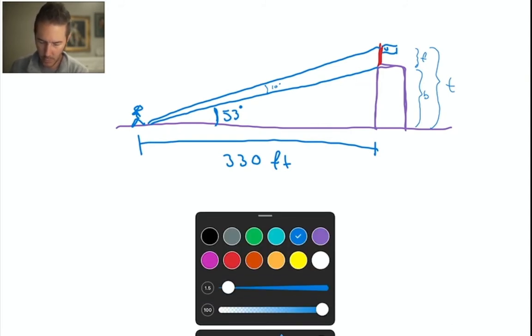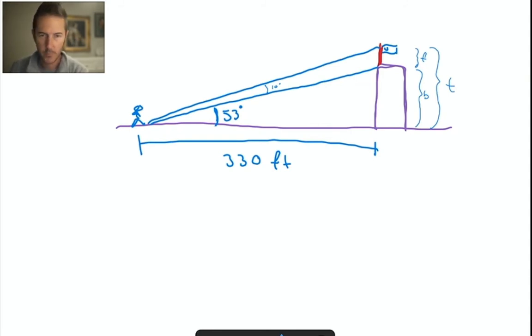Now, let's do a little trig. I need a trig function that relates the 53-degree angle measure to the horizontal distance of 330 feet, and the height of the building, so that's like a vertical leg of that triangle.